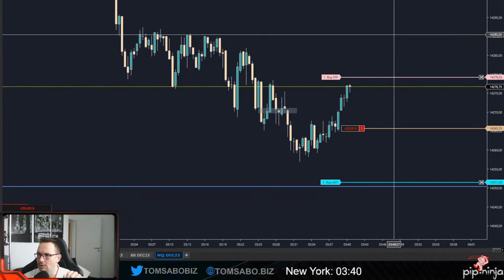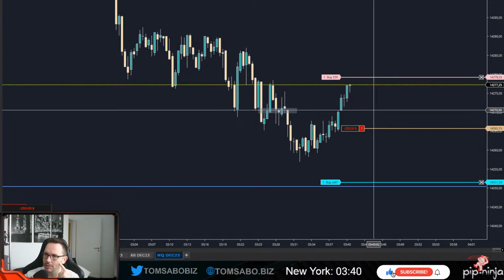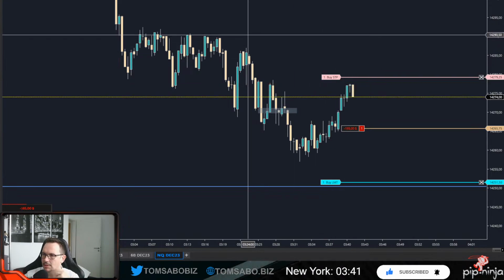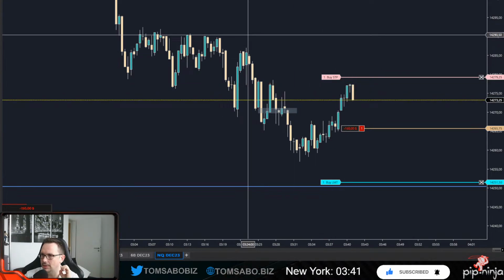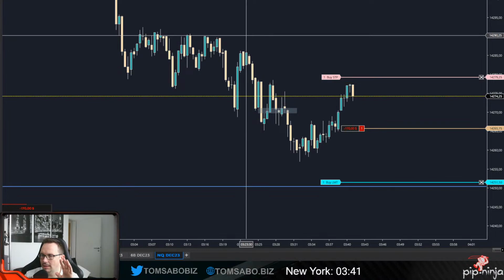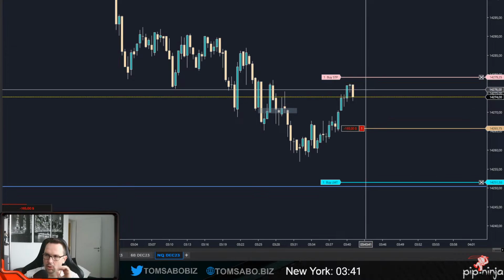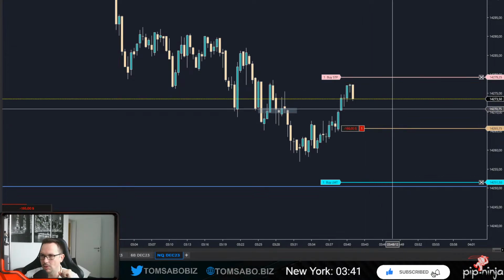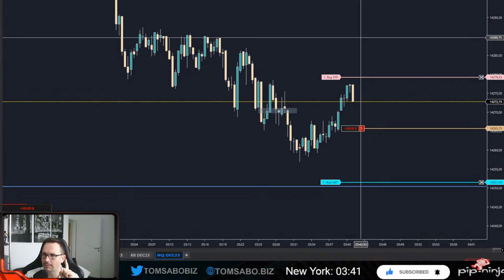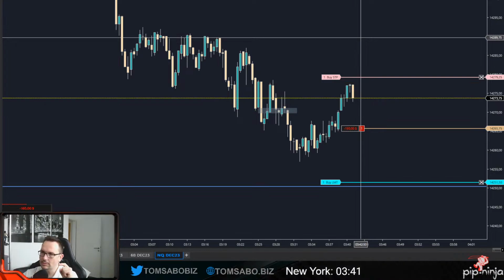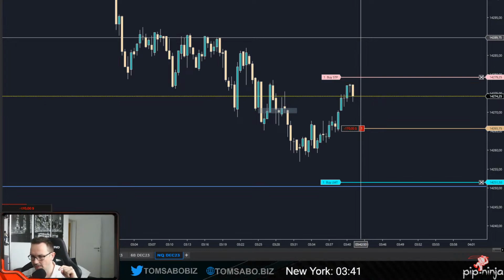But I might go for another short if it wants to break down with the displacement. Otherwise, I'm still going to wait. Or if it makes another structure break here on this level, we might add one more contract. But we're only doing it with one contract. So let's wait.